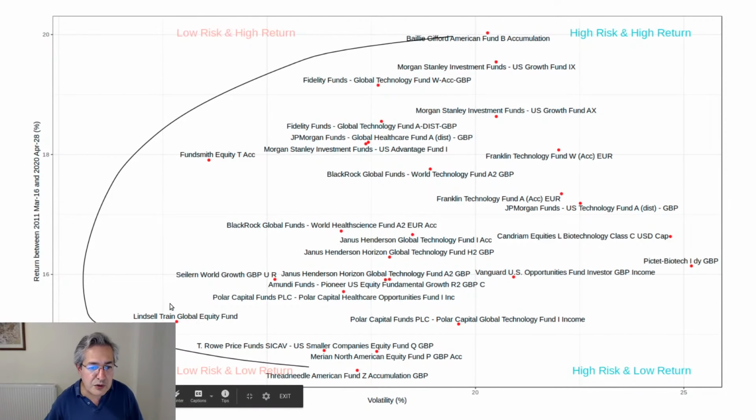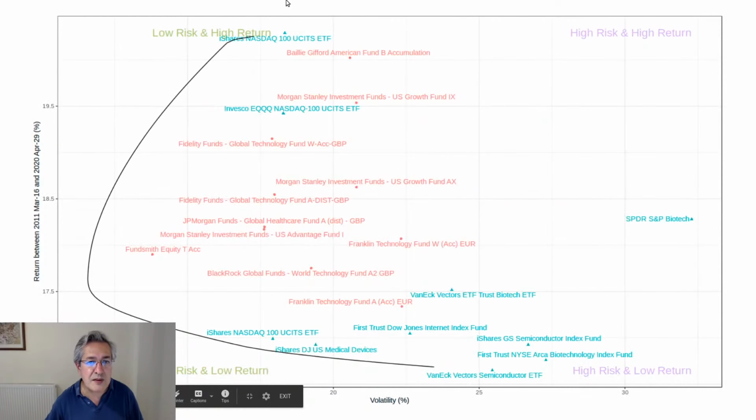And the same for Lindsell Train, but not as good as Fundsmith. And if you combine the two, you can see that that NASDAQ tracker did better than all of the active funds. So the best performer was a passive fund. And if you look at Fundsmith Equity, it's way down here, right? So these two NASDAQ trackers were far better in terms of return.